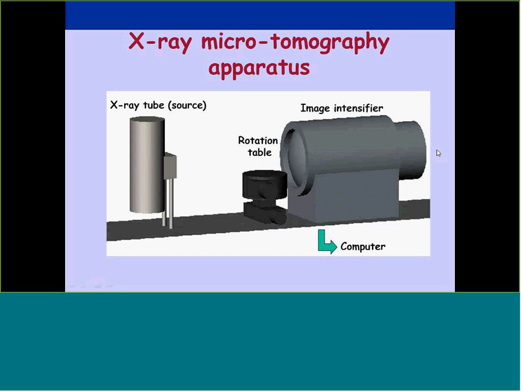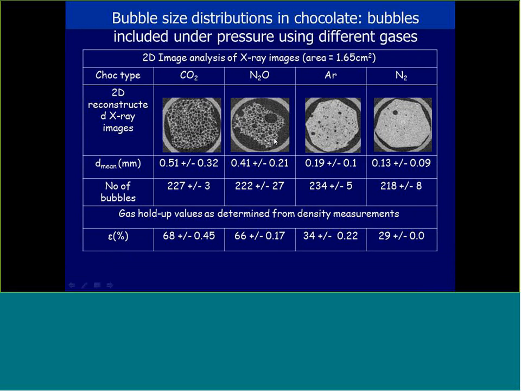These are all chocolates which have been aerated with different gases. It's the same chocolate that is aerated. One is aerated with carbon dioxide, one with nitrous oxide, one with argon and one with nitrogen, and you will see the structure of the product is completely different. With carbon dioxide and nitrous oxide, you tend to get more bubbles, and you also tend to get bigger bubbles.